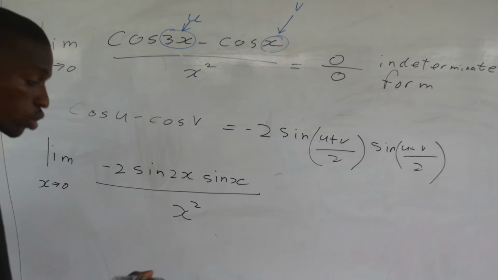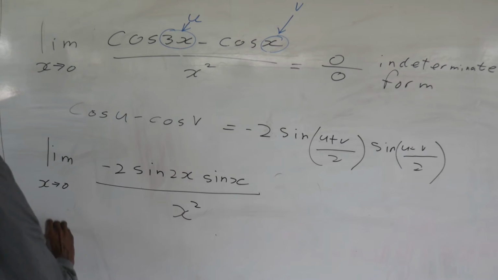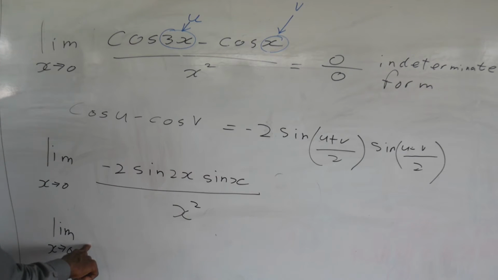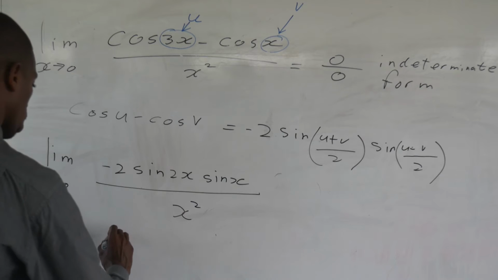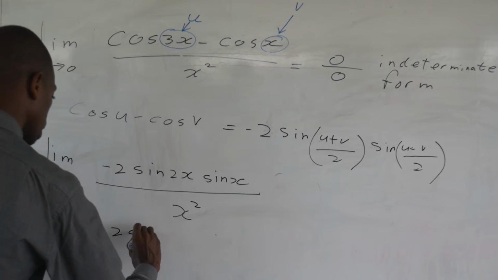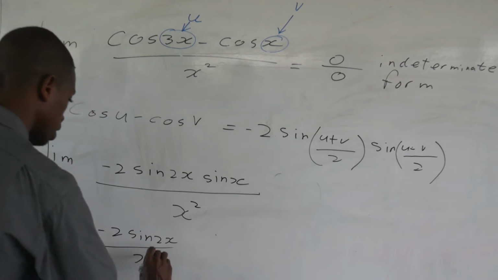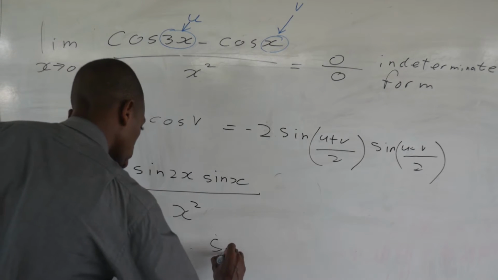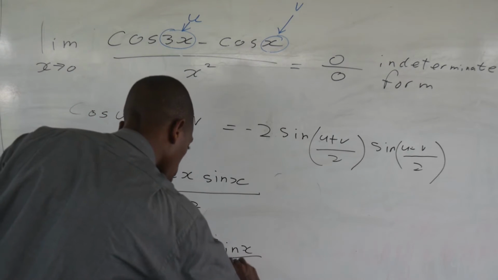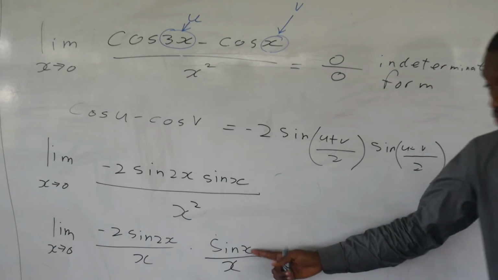So what I could do is rewrite this as the limit as x goes to 0 of negative 2 sine 2x over x multiplied by sine x over x. Correct? Good. Now I clearly see I have a sine x over x here.